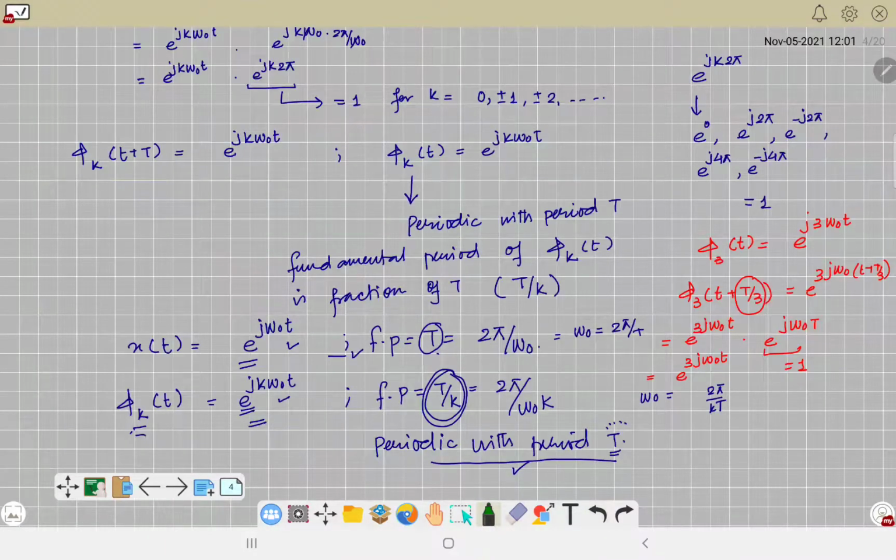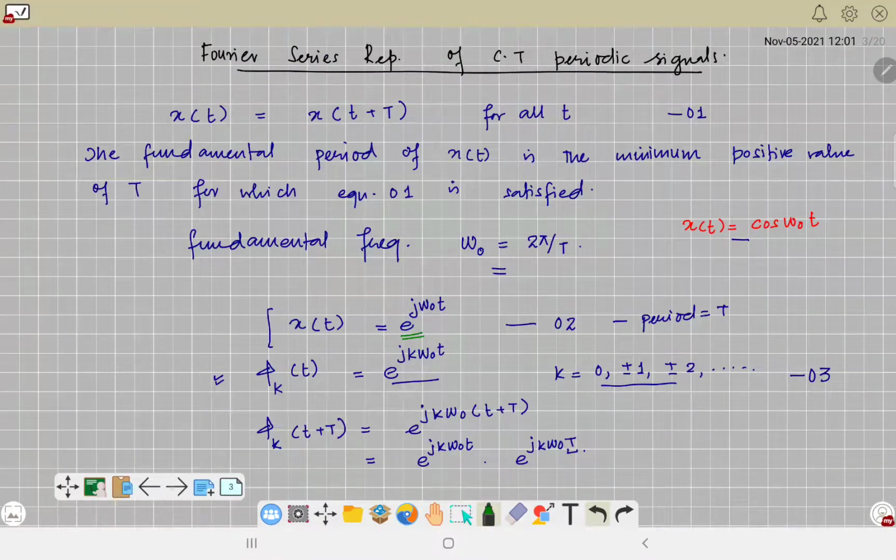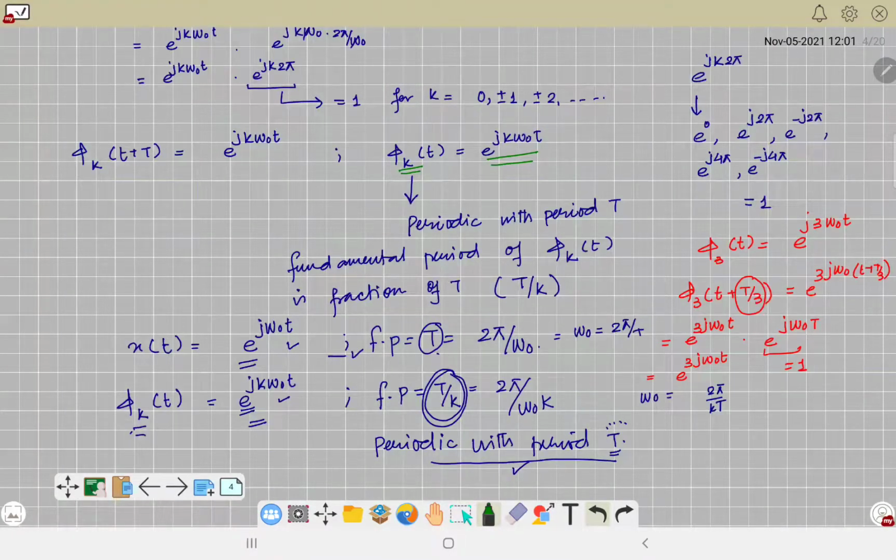And from this we got the harmonics. If you compare this and your normal exponential signal, they are periodic with period T. Fine. So fundamental.